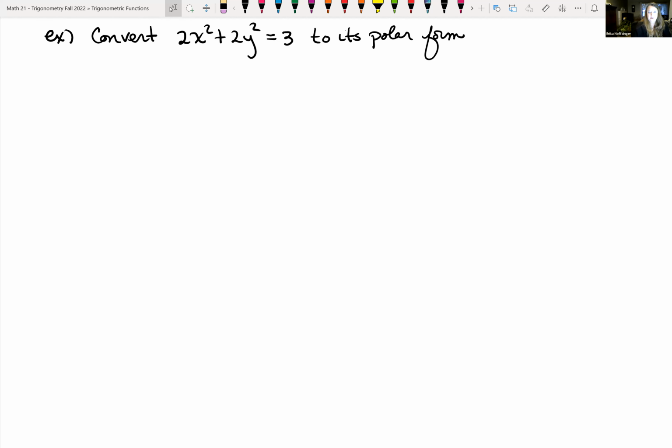The next example in front of us says convert 2x squared plus 2y squared equals 3 to its polar form. So recall r squared is equal to x squared plus y squared. We also have x is equal to r cosine theta, and y is equal to r sine theta, like we saw in the last example.